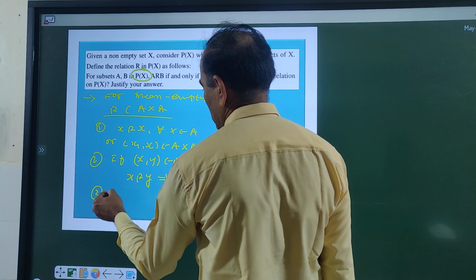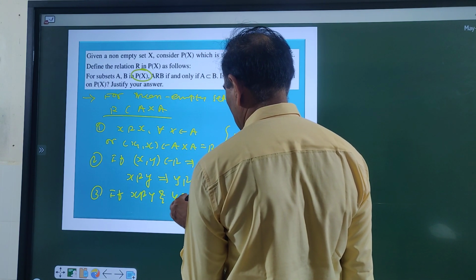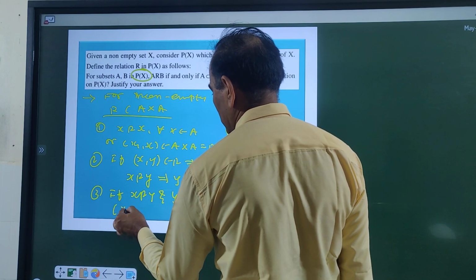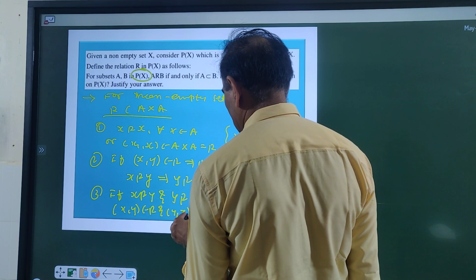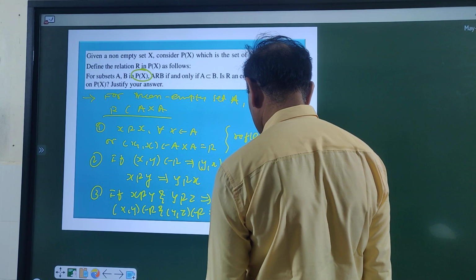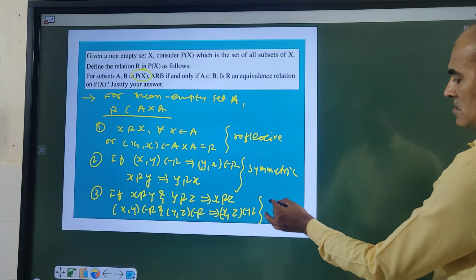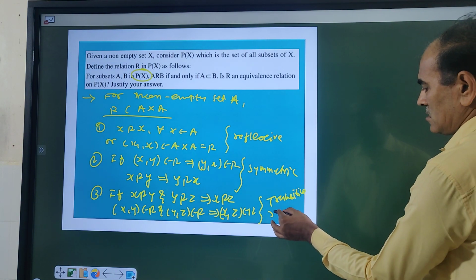Third one, if x R y and y R z implies x R z, or (x, y) belongs to R and (y, z) belongs to R implies (x, z) belongs to R, then that relation is a transitive relation.